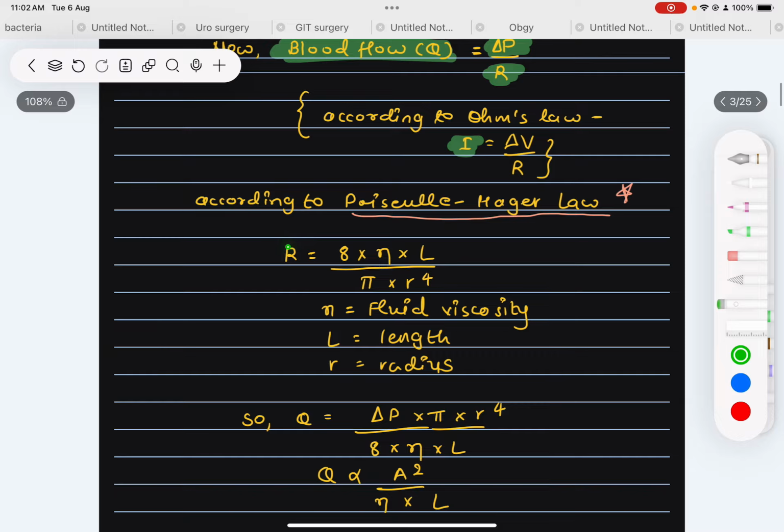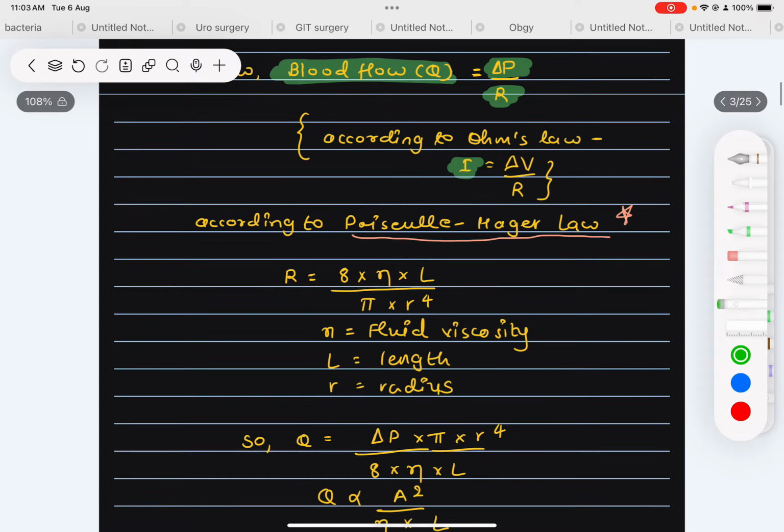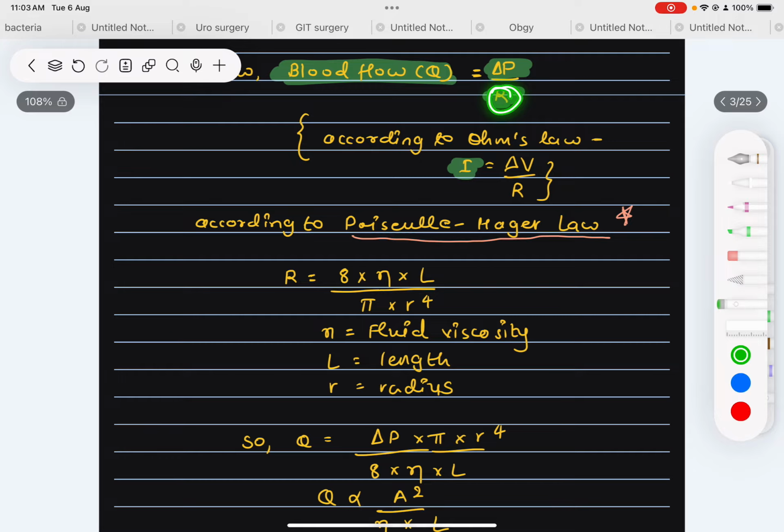By this equation we have calculated the resistance, plus also the fluid viscosity. So resistance is directly proportional to the fluid viscosity. So we have these three things: fluid viscosity, length and the radius, and these two are constants, 8 upon pi. So we have calculated this resistance. Now we are putting it into this equation.